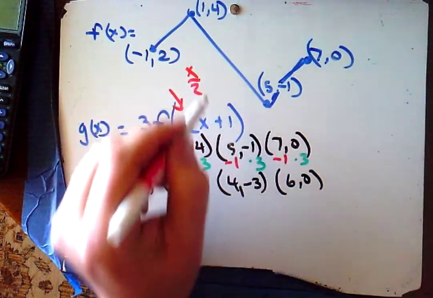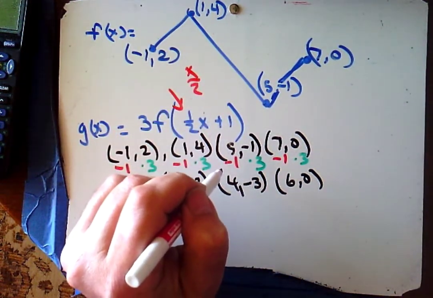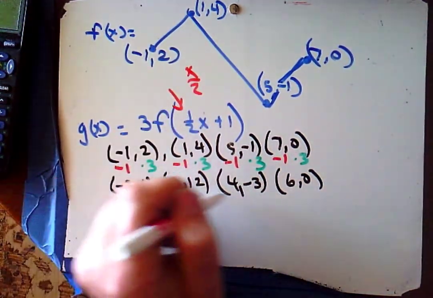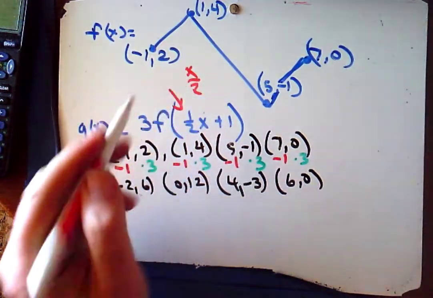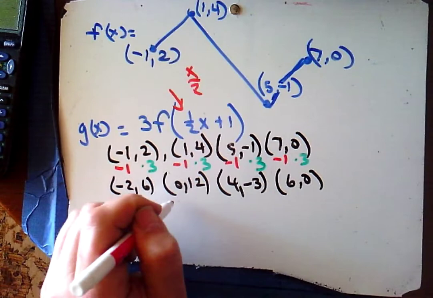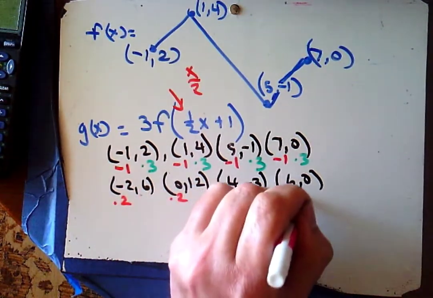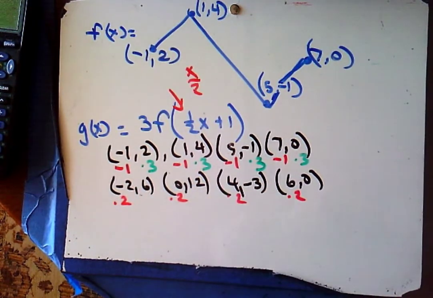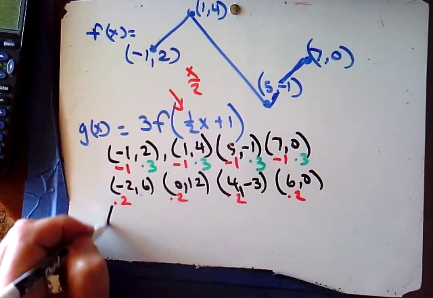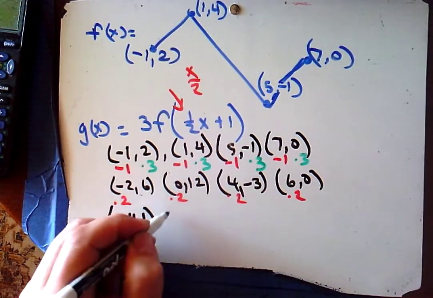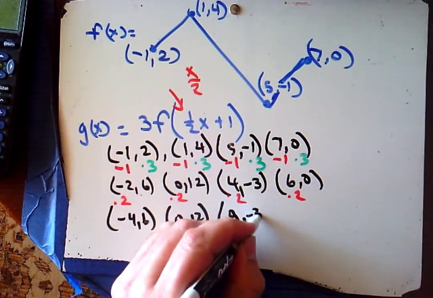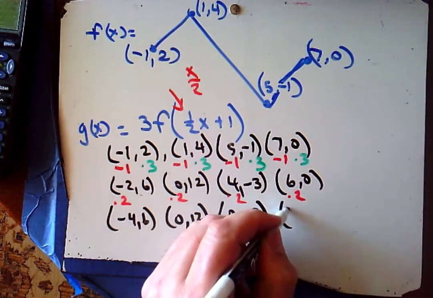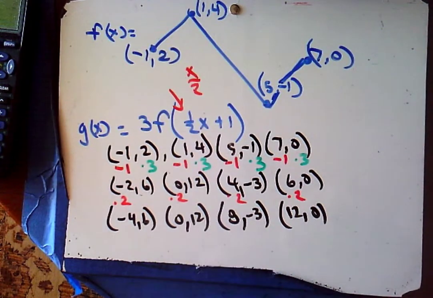This is the same as x over 2. So I could say, hey, I'm going to divide all of these by 1/2, or I could say, oh, look, I'm dividing, so I better multiply all my x's by 2. And so my final points are -4, 6, 0, 12, 8, -3, and 12, 0.